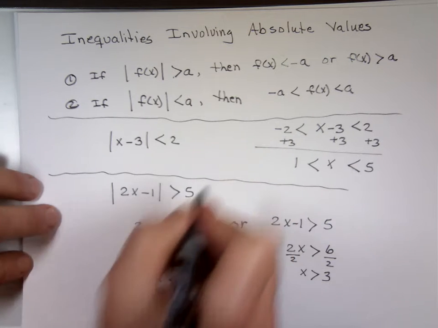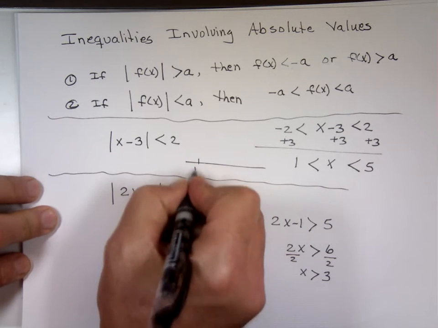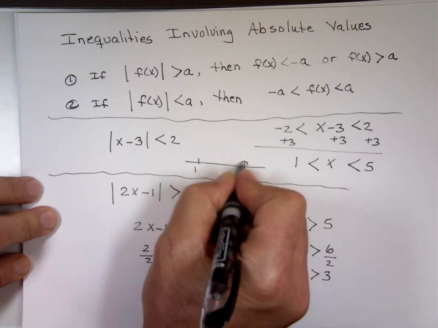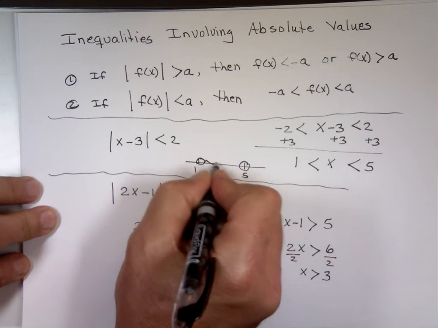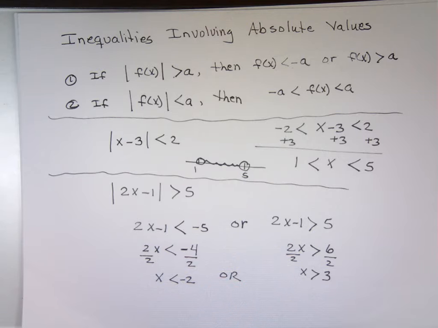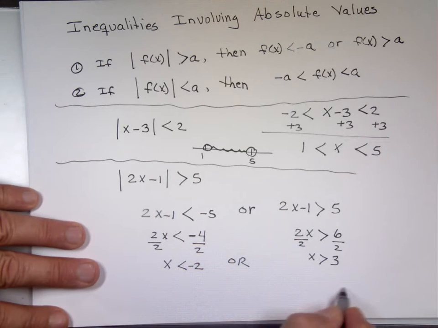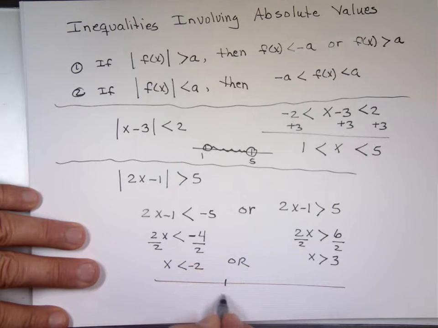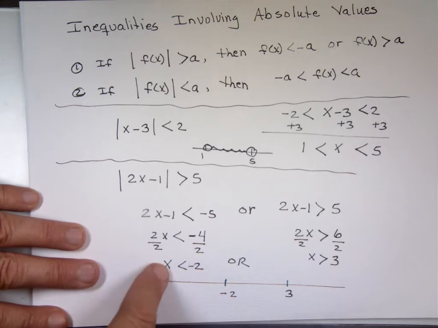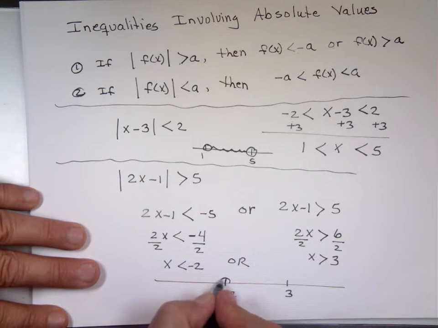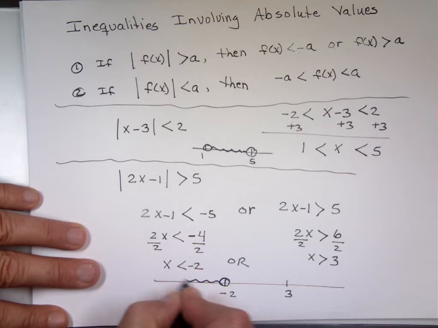So when you go to graph this one again, this is the 1, this is the 5, not in the top one. That's the graph. Well, let's look at the bottom. What is the graph for the bottom? This is the negative 2, that's the 3. X is less than negative 2, open circle to the left.